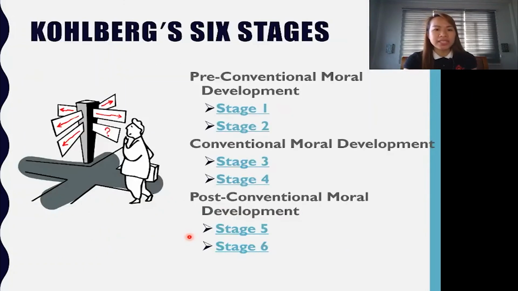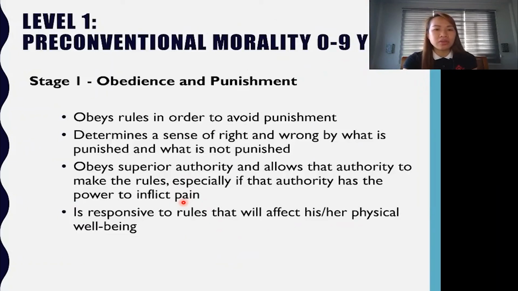Ano ba yung stages? So, meron tayong pre-conventional, conventional, and post-conventional development. So, let's talk about those individually. At 0 to 9 years old, ito dapat yung pre-conventional. Stage 1 is obedience and punishment. Anong ibig sabihin nun? A child, 0 to 9 years old, will obey the rule for them to avoid the punishment.